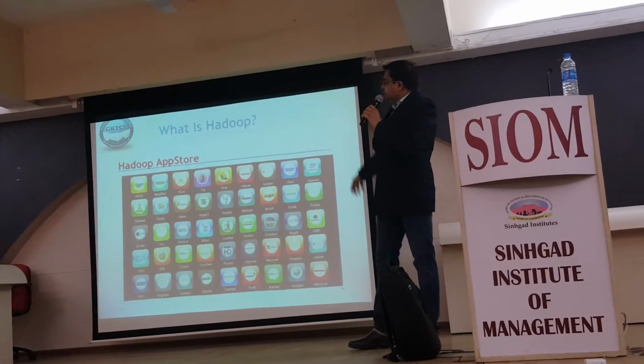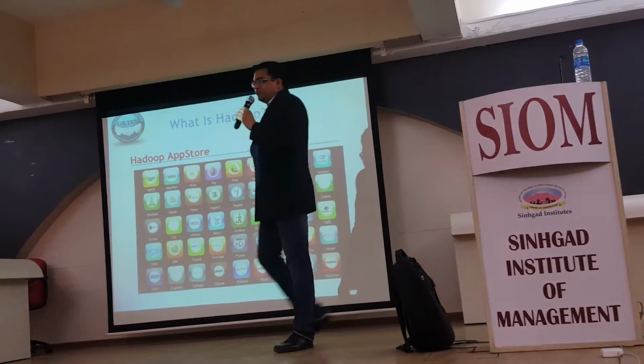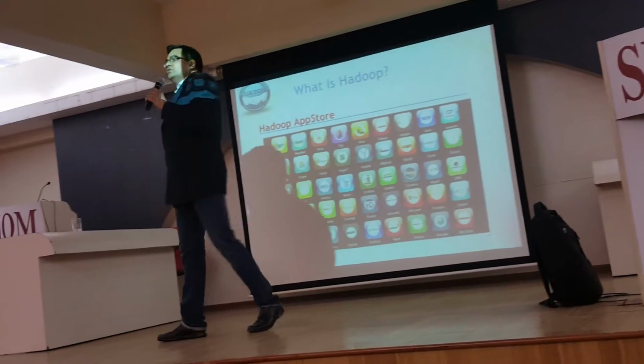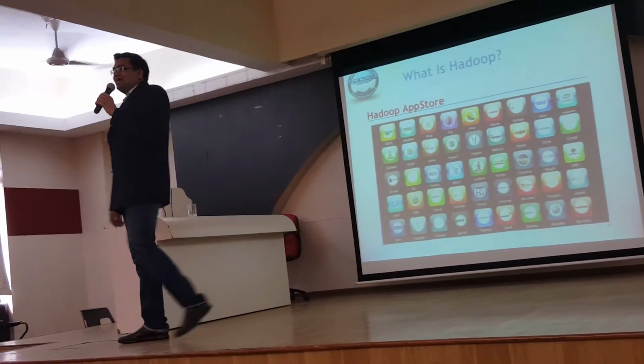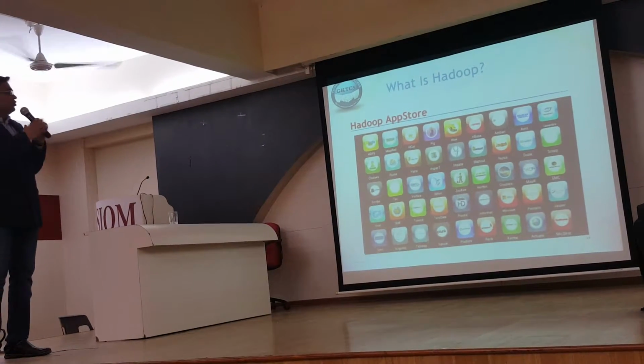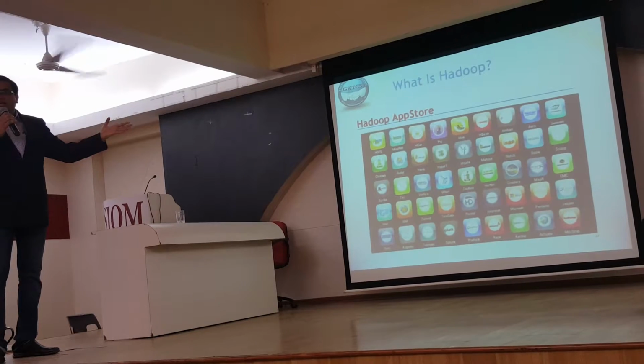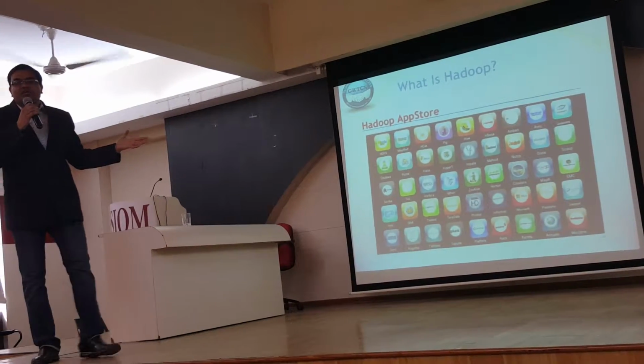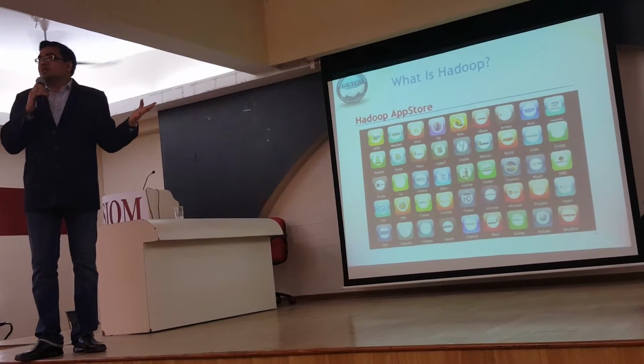What we are going to see right now is the Hadoop App Store. Like we have an Android App Store, similarly you can see the Hadoop App Store, meaning that many ecosystems are available. Can you imagine how many ecosystems there are? Every year some new ecosystems are developed. It's a continuous process.